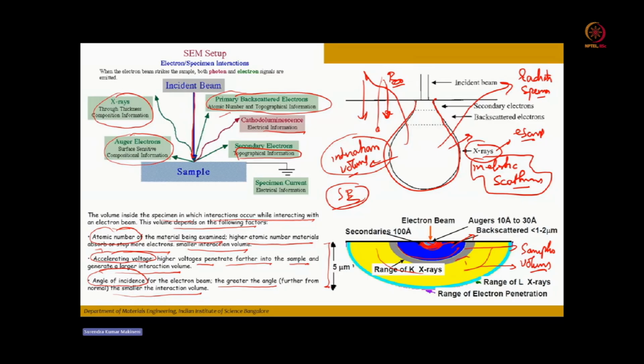For X-rays, the sampling volume is very large and almost equal to the interaction volume because of the higher energy. Backscattered electrons will not escape if they penetrate more than a fraction of a micrometer, so they usually originate from a very small region.